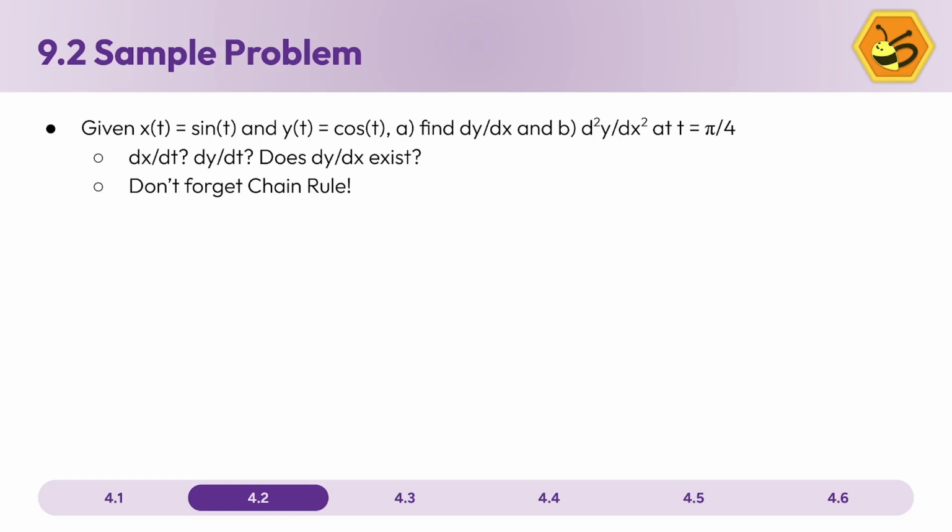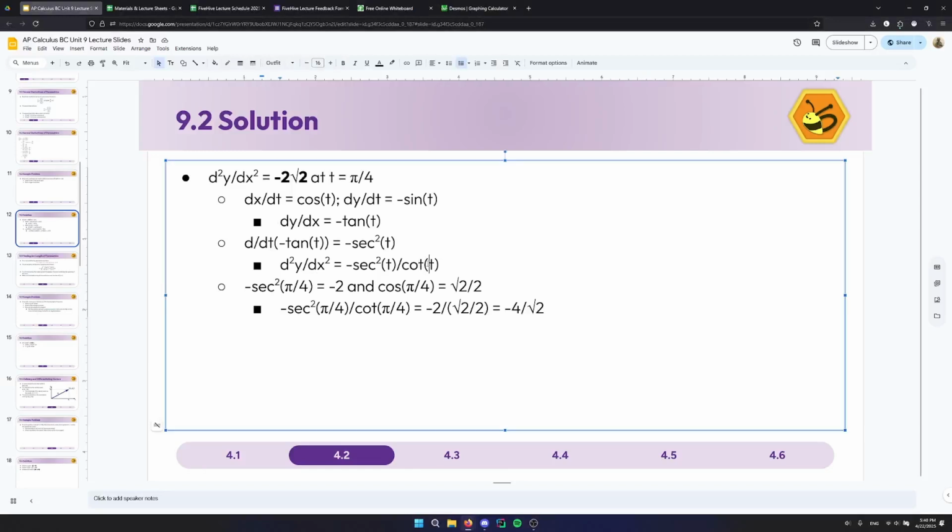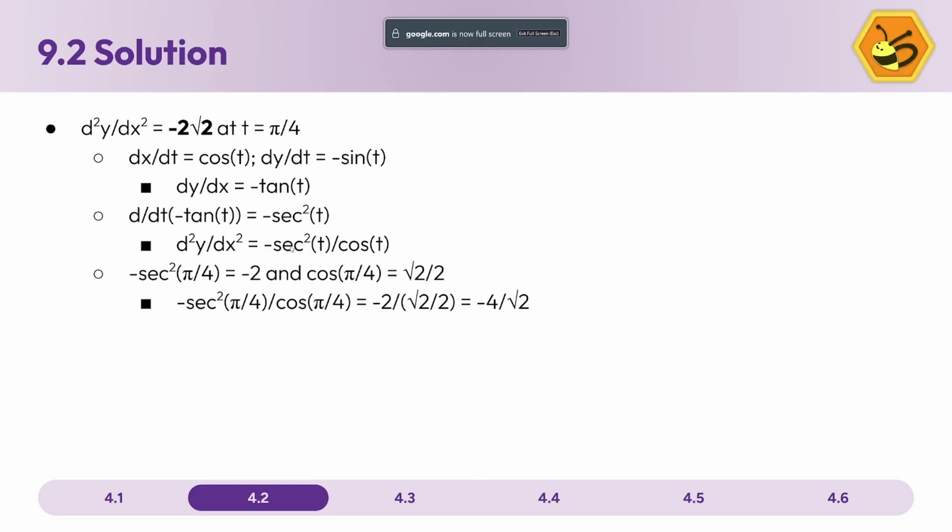I think I mistyped it, right? It makes more sense to be cosine of t. So I think I just typoed it. Yeah, I think that makes more sense, right, guys, if I put in cosine. So divided by cosine of t, because that's my dx dt.